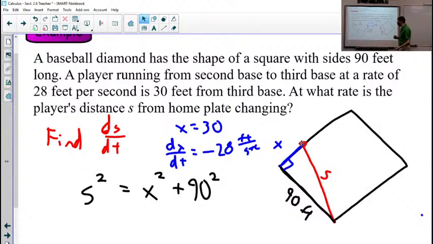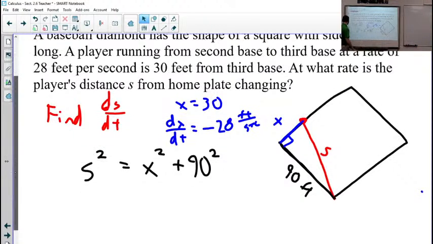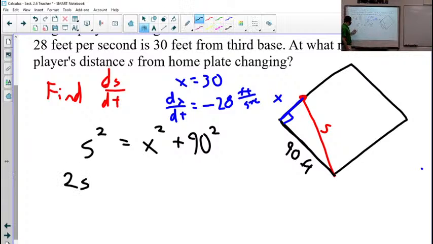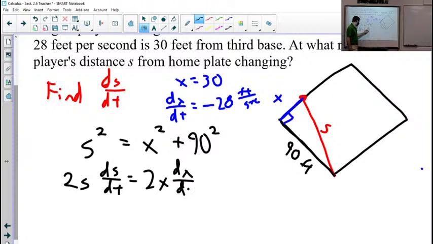So let's take our derivative here. The derivative of s squared is 2s ds/dt, since we took a derivative of s. The derivative of x squared is 2x dx/dt. The derivative of 90 squared is 0.